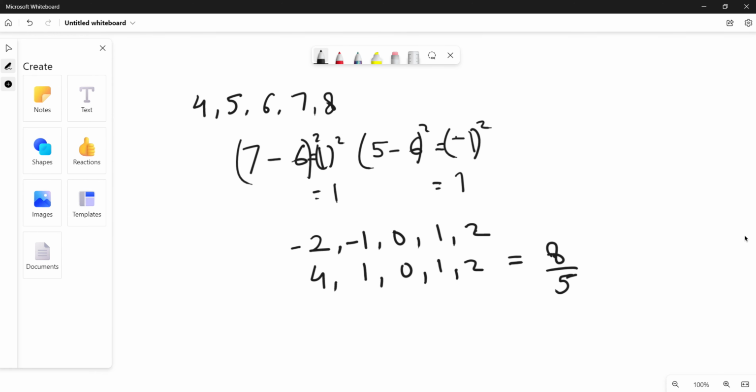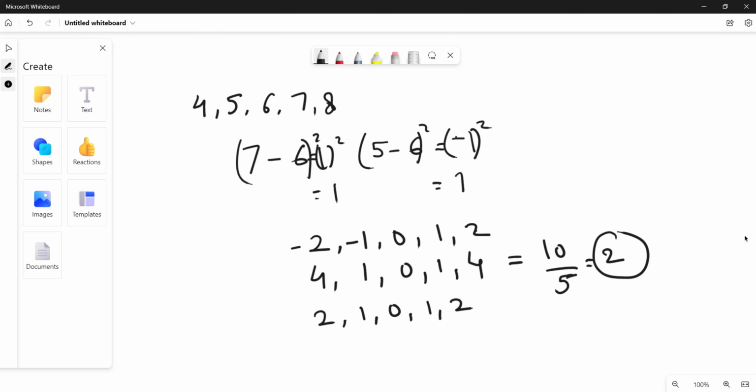And that's exactly what the variance is. So the variance is 2.